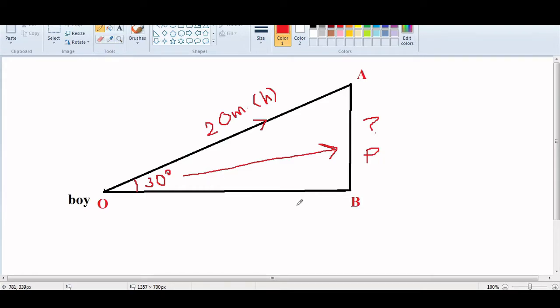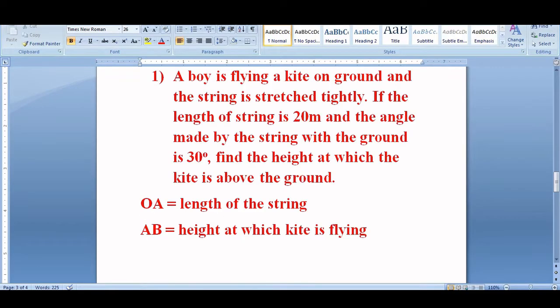And what's the angle? It's AOB, it's already given. Okay, so we just write 20 meter beside this.